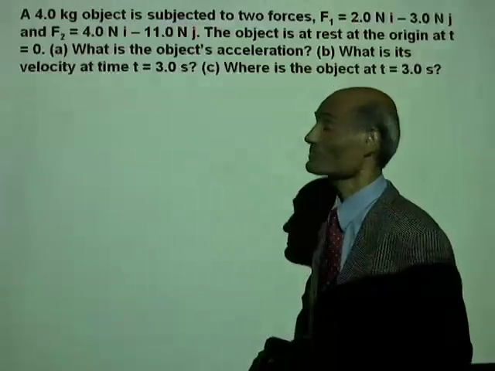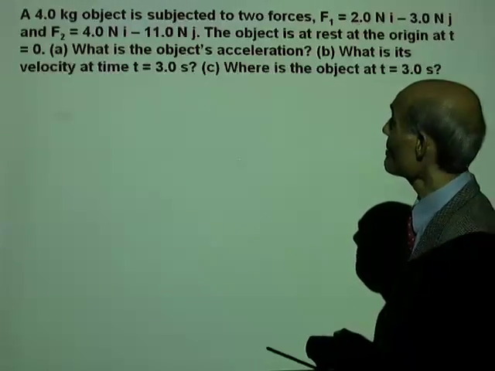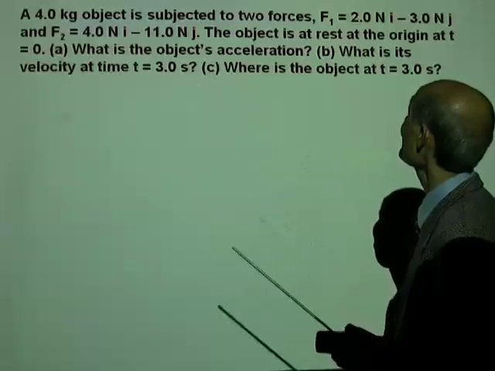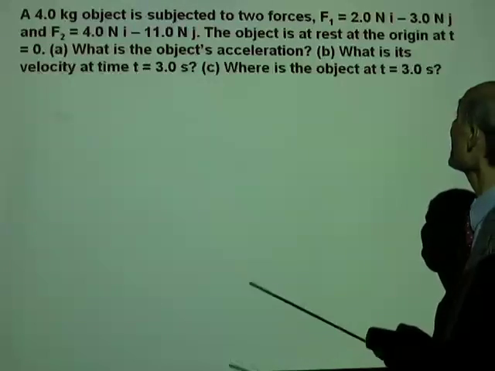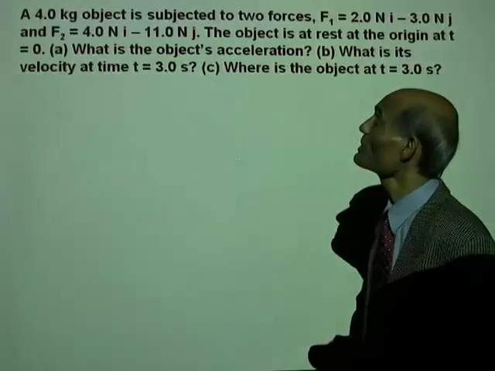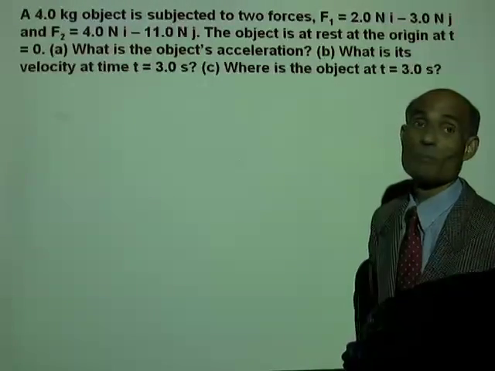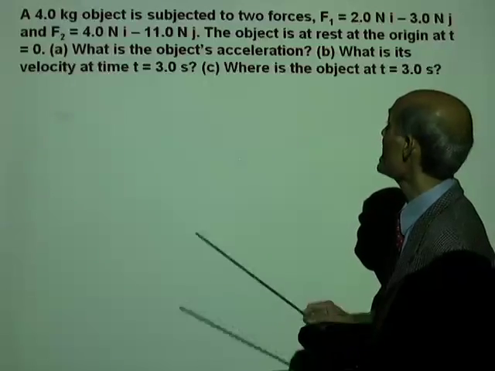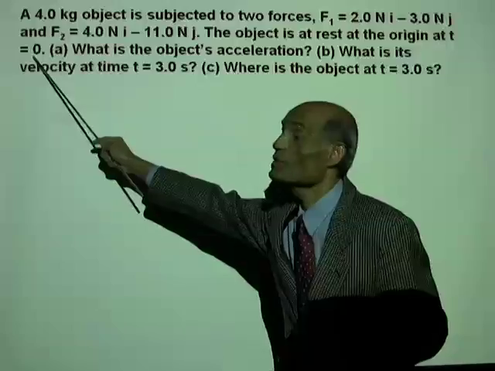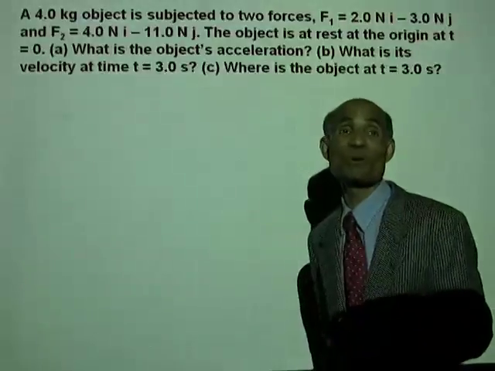Let's do another one. A 4 kilogram object is subjected to two forces, F1 equal to 2 Newton I minus 3 Newton J, and F2 equal to 4 Newton I minus 11 Newton J. The object is at rest at the origin at t equal to 0.